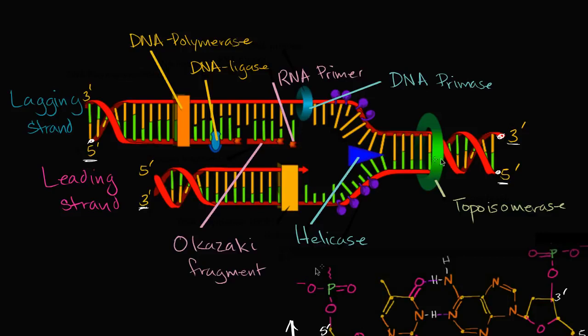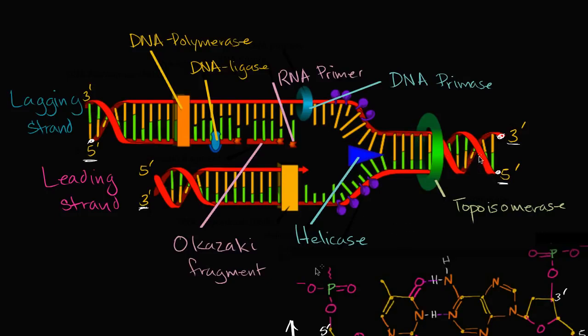You could really view this as a zipper: you unzip it and then you put new zippers on either end. But in reality, it is far more complex than just saying, oh, let's open a zipper and put new zippers on it. It involves a whole bunch of enzymes and all sorts of things. And even in this diagram, we're not showing all of the different actors, but we're showing you the primary actors, at least the ones that you'll hear discussed when people talk about DNA replication.